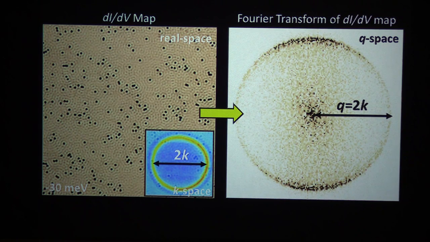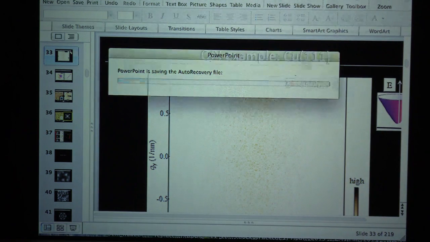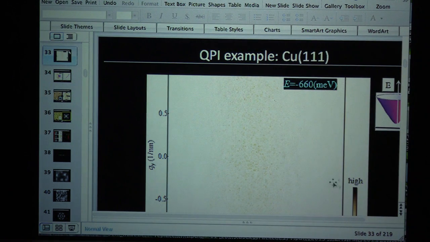We can take dI/dV maps as a function of energy and do Fourier transforms as a function of energy. I'm going to show you what the Fourier transform looks like as a function of energy.